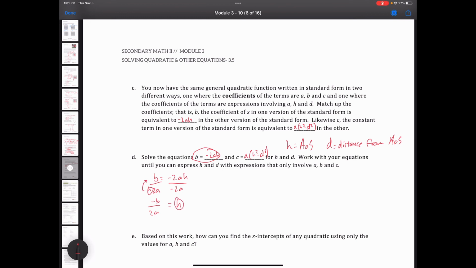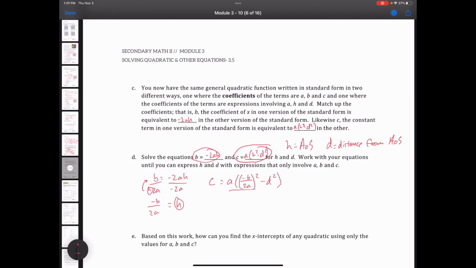And then if this is h, when I'm dealing with this second term right here, I can plug that in for h so that I only have one variable that I'm working with. I only have the d that I'm trying to solve for. So I get c is equal to a times (negative b over 2a) squared minus d squared.